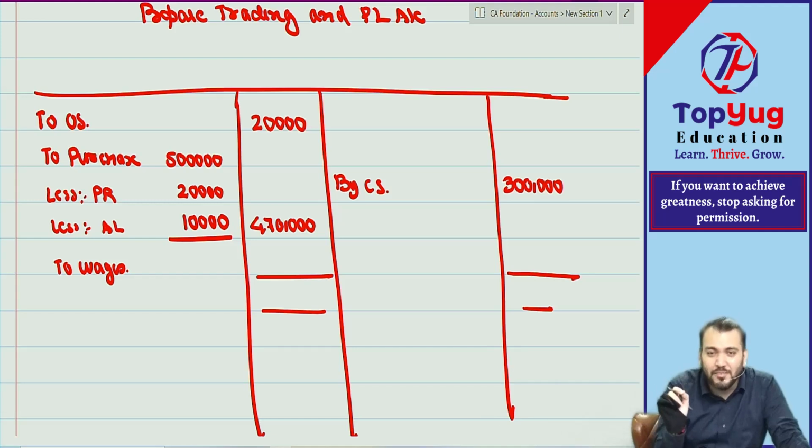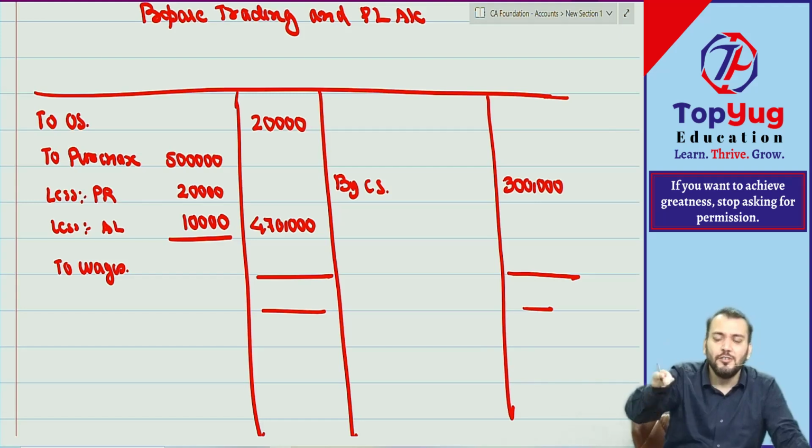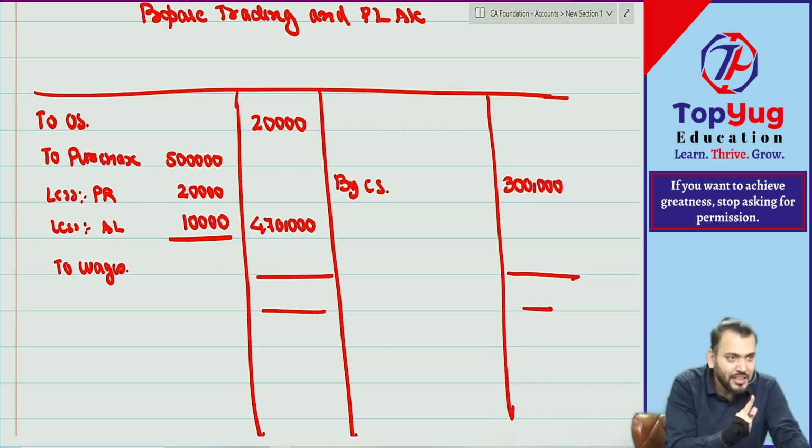Has any point been given for wages in the adjustments? No adjustment. No adjustment means only one effect: wages is already adjusted, with outstanding wages and prepaid wages. Understood? Correct?